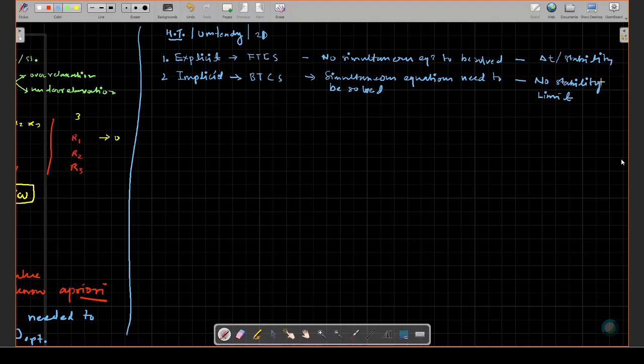We have seen that they are unconditionally stable. So since there is no stability limit, they are unconditionally stable. Most of the solvers use this implicit method. Okay. Now we have seen only one of the implicit methods, that is BTCS.